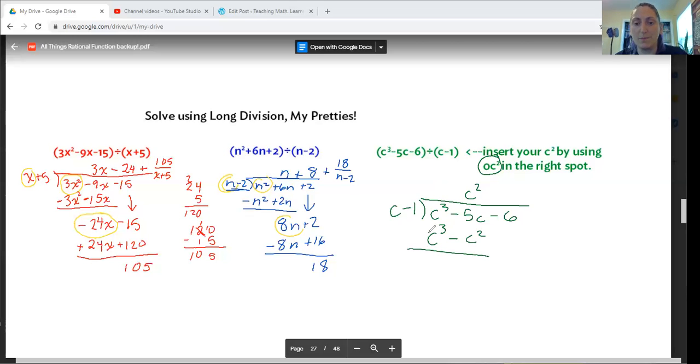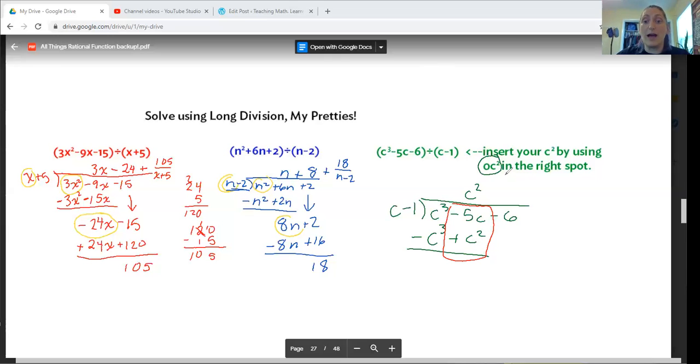And then we're going to combine, so we change our signs, and wait a minute, hold up. See how we're trying to combine a negative 5c and a positive c squared. No, it messes up the rhythm of it, right? It messes it up. You can't do that. Those are not like terms.